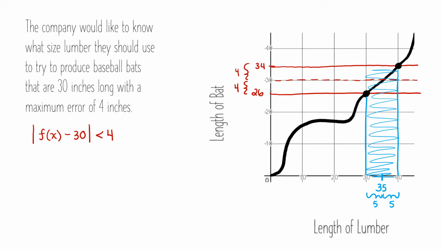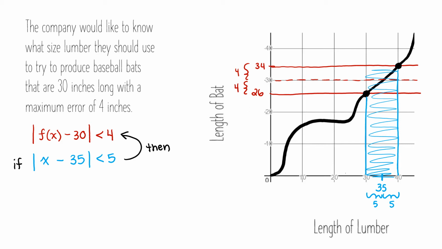So we're okay if the length of lumber x and the distance between that x and 35 is a maximum of 5 inches. So as long as lumber is a maximum of 5 inches away from 35, then we know that we're going to fall within that band.